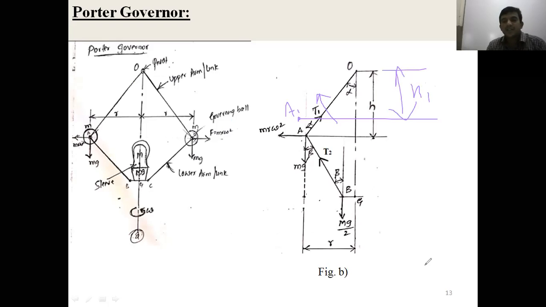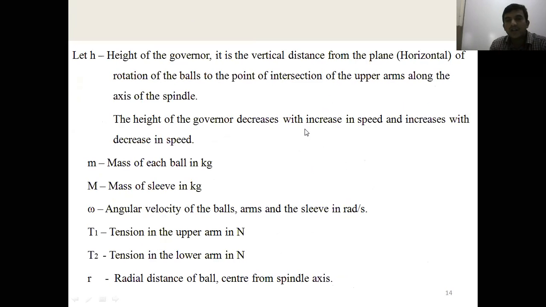As the speed decreases, the height of the governor increases. That's the reverse. That is the statement: the height of the governor decreases with increase in speed, and increases with a decrease in speed. Small m stands for the mass of each ball in kg.